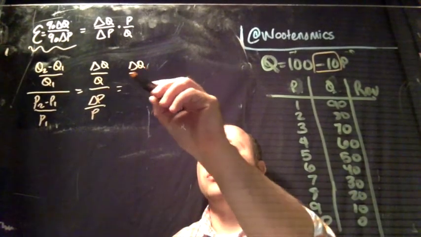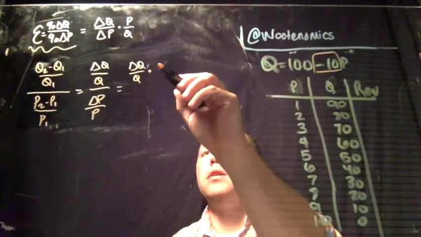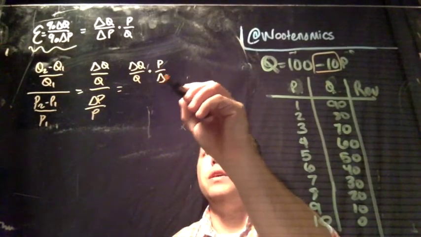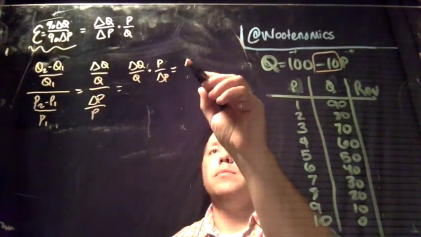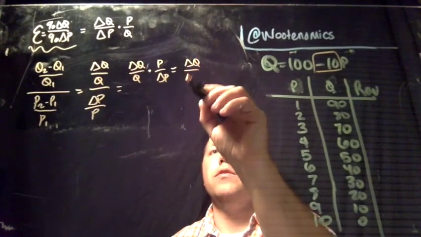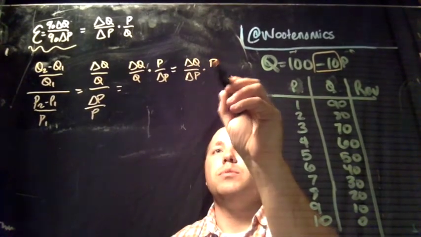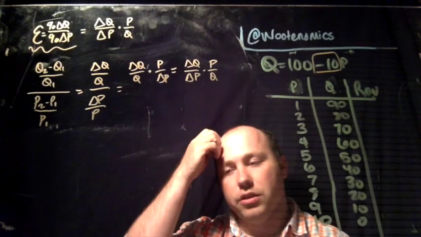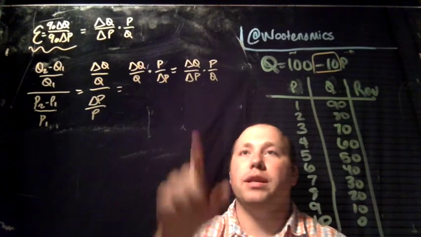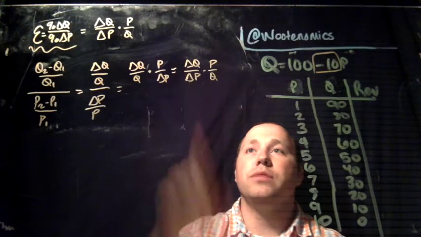So what we have is the change in quantity over quantity times P over the change in P. And I can switch these two at the bottom, and that gives us change in quantity over change in price times price over quantity.